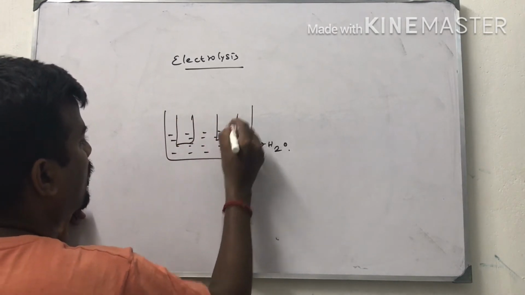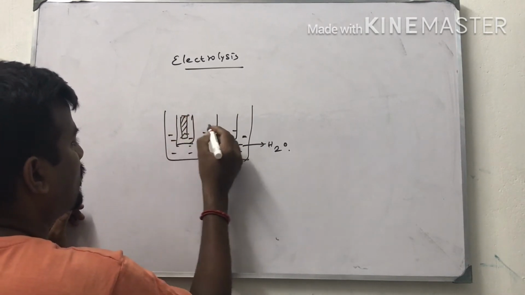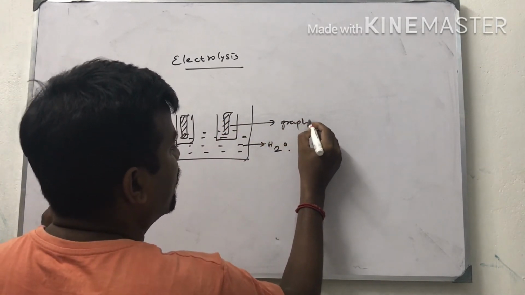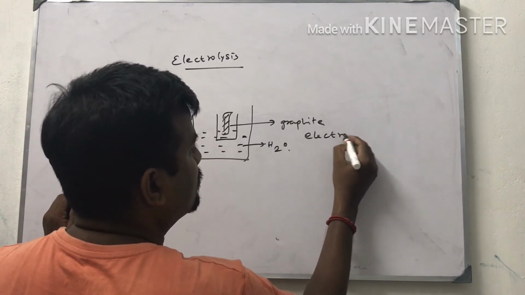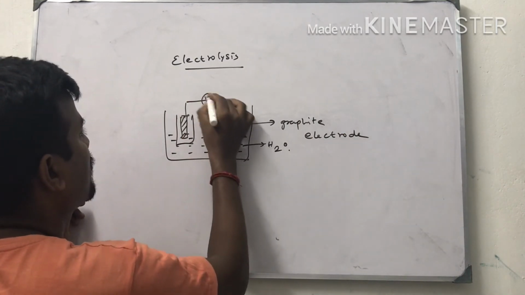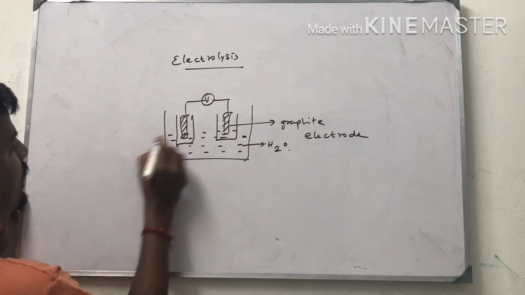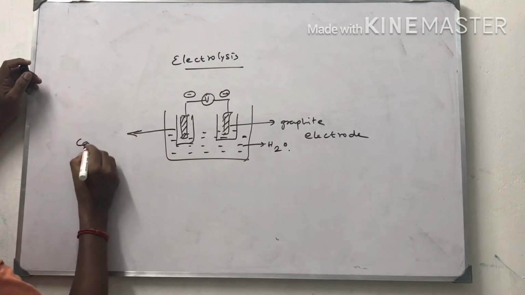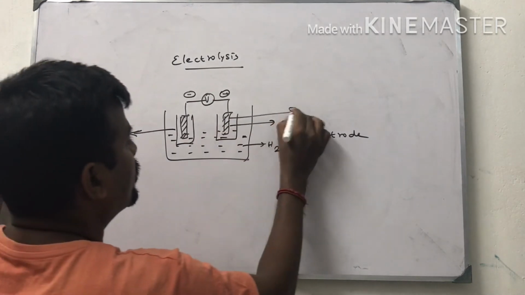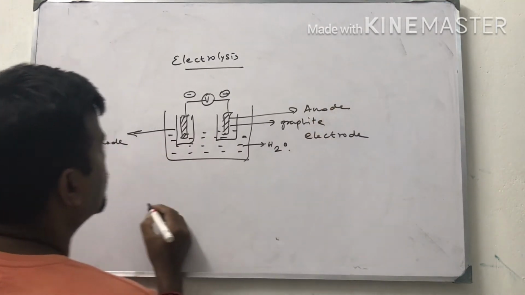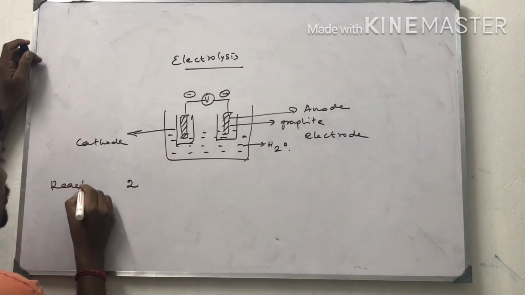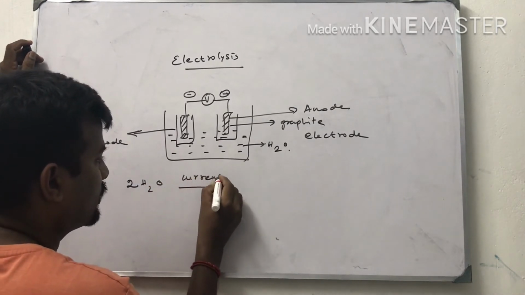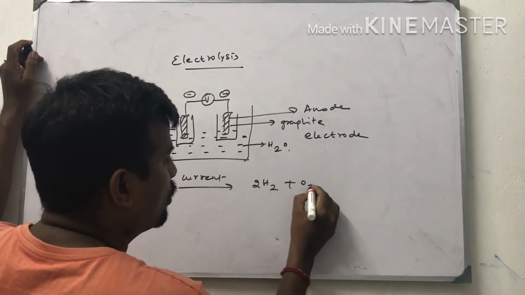One more beaker, a glass rod connected with a graphite electrode, connected with a voltmeter. One acts as the anode, the other as the cathode. The reaction: 2H2O, on passing current, gives 2H2 plus O2.